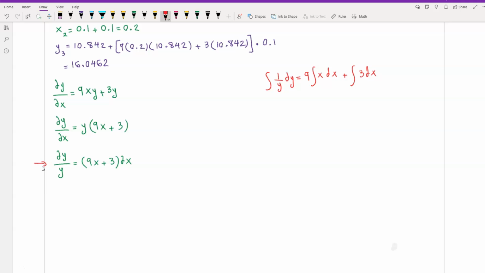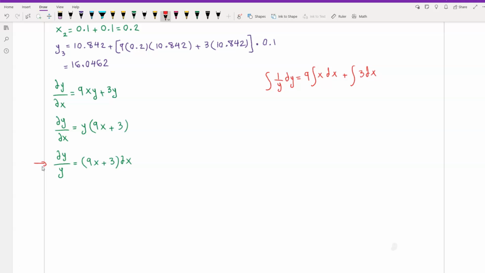of the equation. So here we have the integral of 1 over y times dy equal to 9 times the integral of x dx plus the integral of 3 dx. Now integrate on both sides of the equation. So here on this part we have 1 over y.